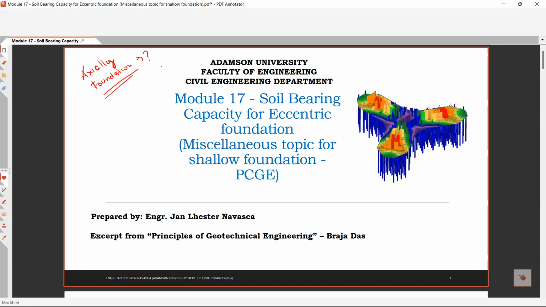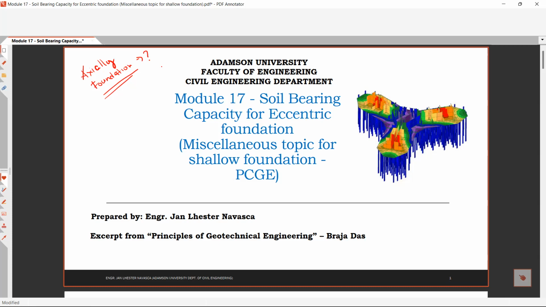Kailan ba natin i-consider na eccentric foundation siya or consider natin siya na actually loaded foundation? I-consider mo siya na eccentric foundation when the designer, let's say the structural engineer, assumes the building has a fixed base. Yun yung assumption niya, fixed base. Also, pwede rin na the actual moments are very large, mas mataas na sa minimum.